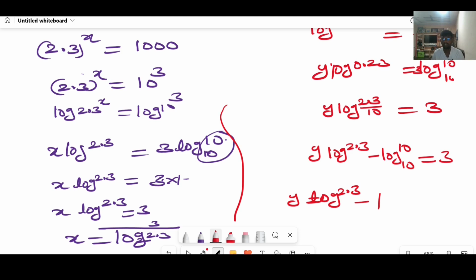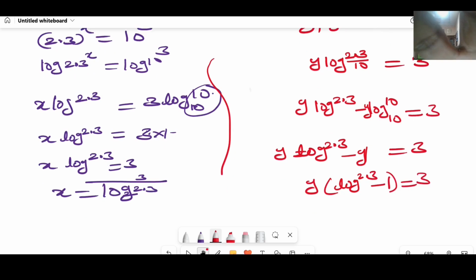Here also you will get y, is equal to 3. And now if you take y as common, we will be left with y (log 2.3 minus 1) equal to 3.